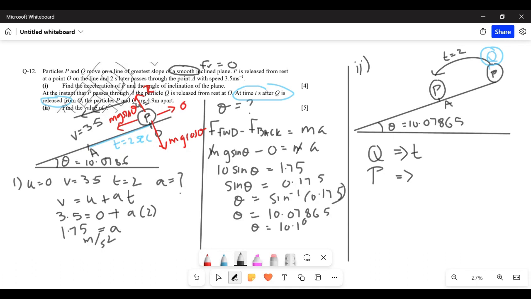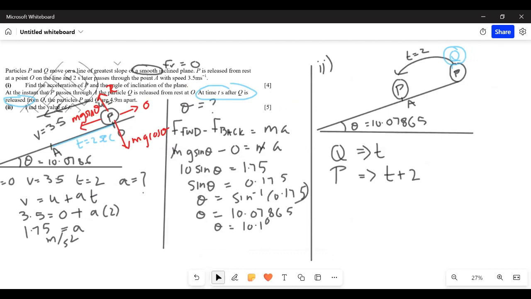So time for P will be T plus 2. Since the question says that at T seconds after Q is released, that means the time that you're going to use for Q is going to be T. So then the time you're going to use for P is going to be T plus 2, because P was released 2 seconds before Q was released. Okay. And it says that the particles P and Q are 4.9 meters apart. Find the value of T.